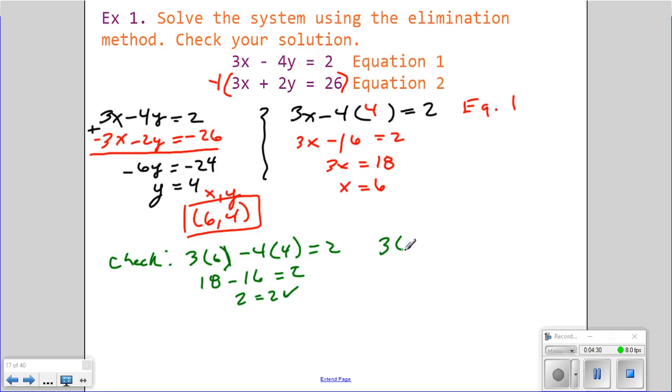Check it with the second equation. Again, 3 times 6 is 18. 2 times 4 is 8. 18 and 8 make 26. So yes, this is definitely a solution. It satisfies both equations.